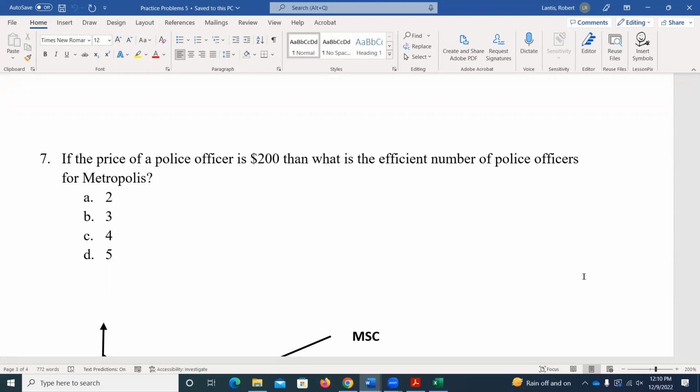So this is a good question to ask. What's the socially efficient quantity? I'm going to start out with a different question that I could ask you on the exam that might precede this. Let's say I ask the same question, what's the total number of police officers if we allow individuals to make the decision? If we only allow individuals to pay for these police officers. Well, if each one costs 200, we look at the first person, are they going to hire a police officer?